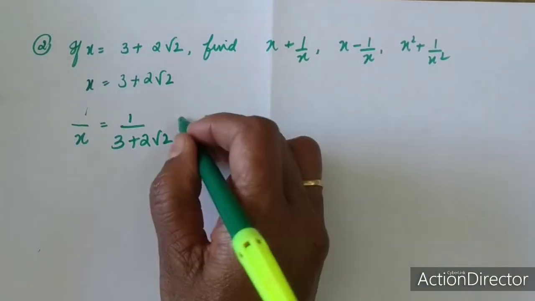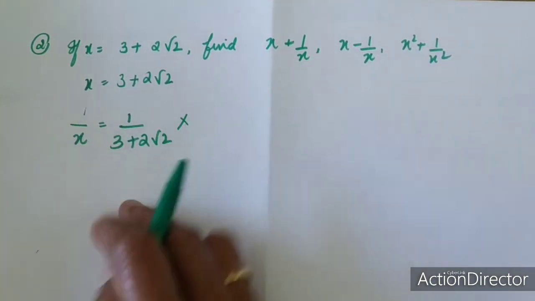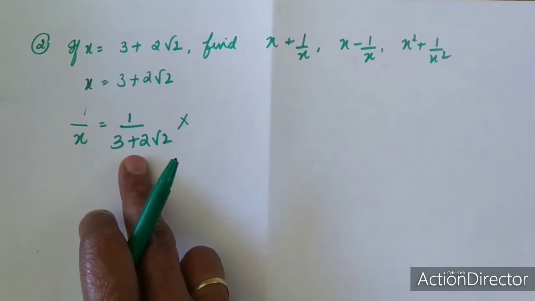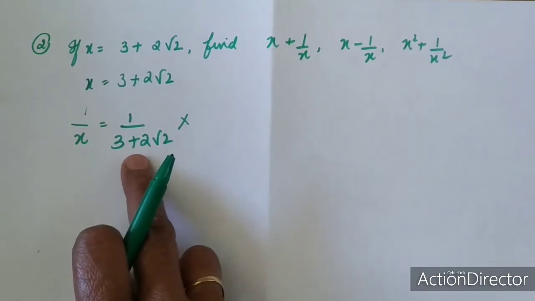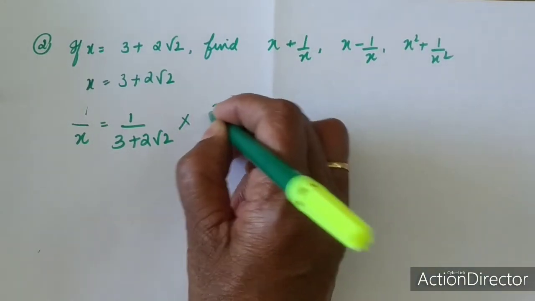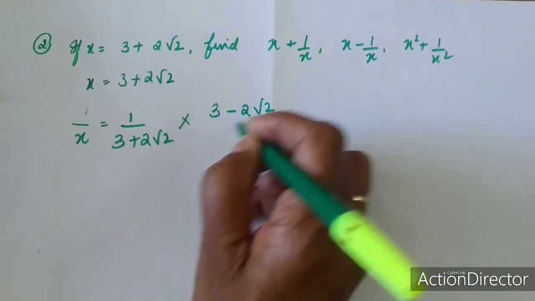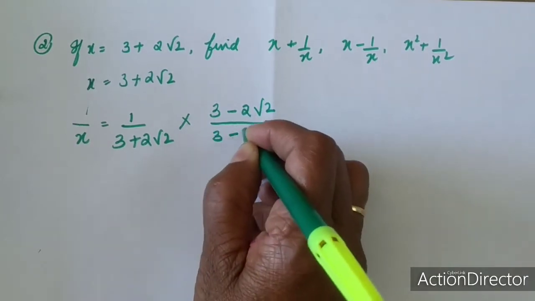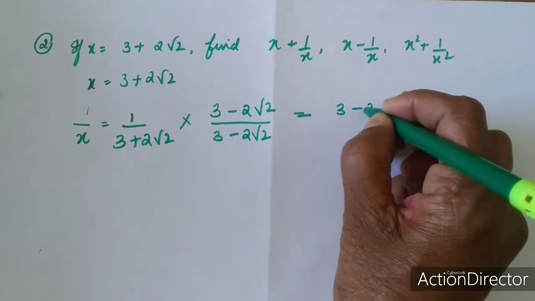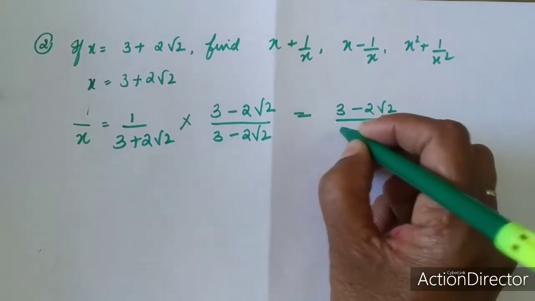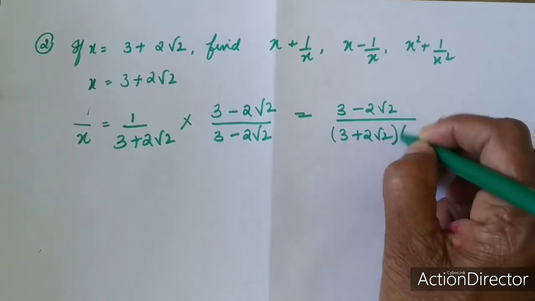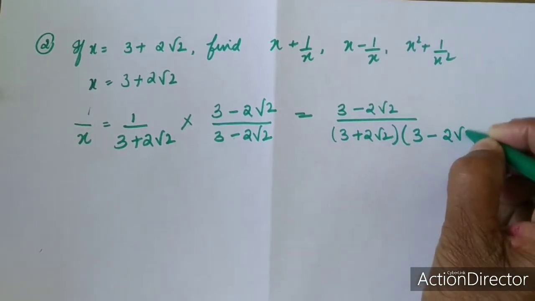Now I am going to rationalize. Rationalize means multiplying the numerator and the denominator by the opposite sign of the given expression in the denominator. So the opposite sign of plus is minus. So I will multiply 3 minus 2 root 2 upon 3 minus 2 root 2. So this is equal to 3 minus 2 root 2 divided by 3 plus 2 root 2 into 3 minus 2 root 2.